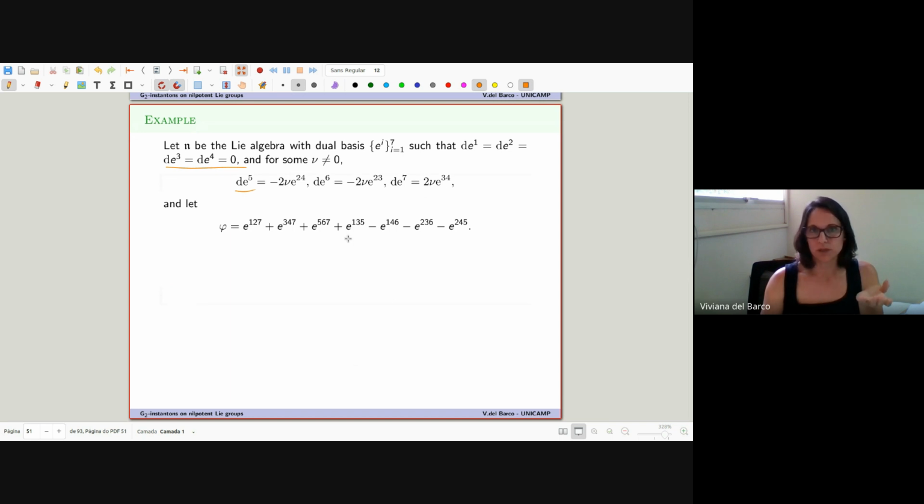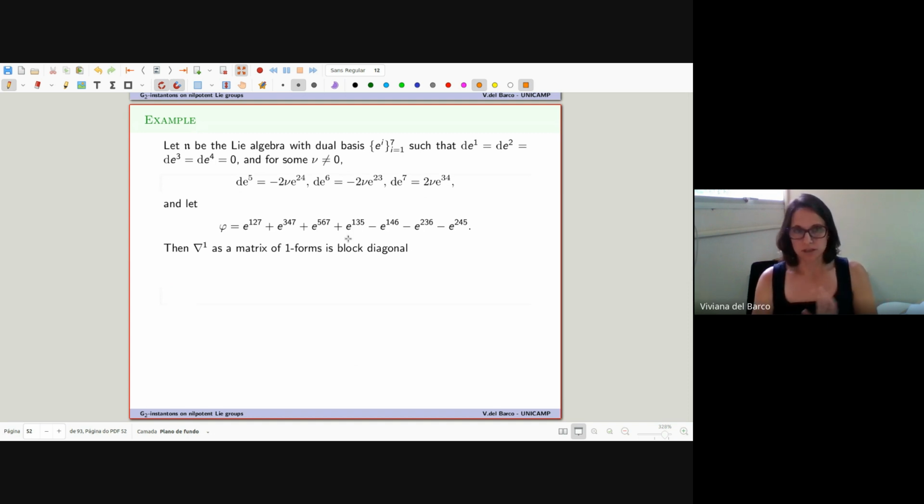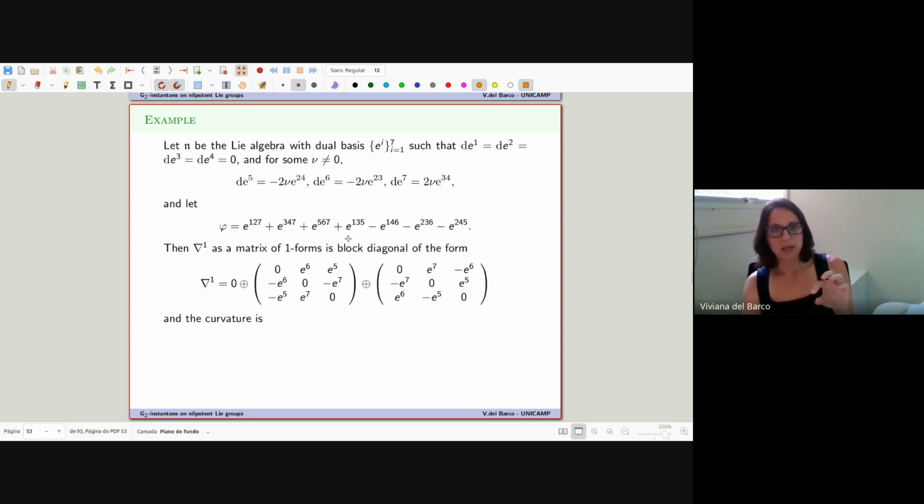So from the differentials of the 3-form, you can compute the torsion, and the Levi-Civita connection is easily doable. You can compute nabla and express it as a matrix of 1-forms, of size 7 by 7, which is block diagonal: on the diagonal you have a 0, then this 3 by 3 matrix, and then this 3 by 3.